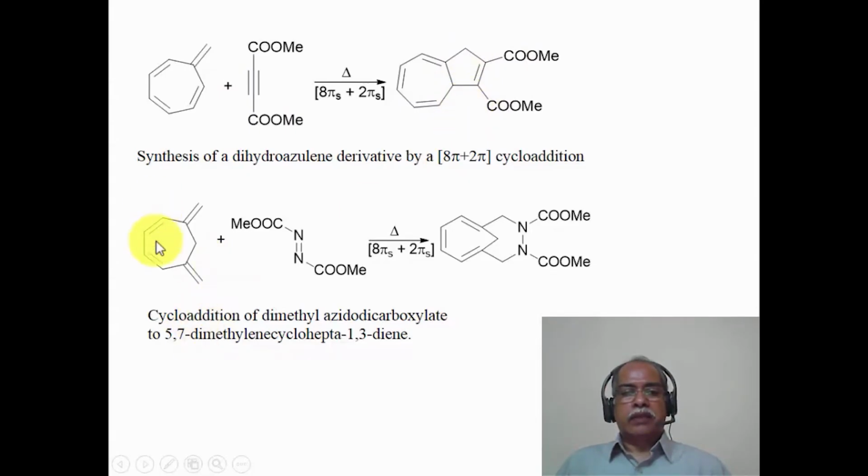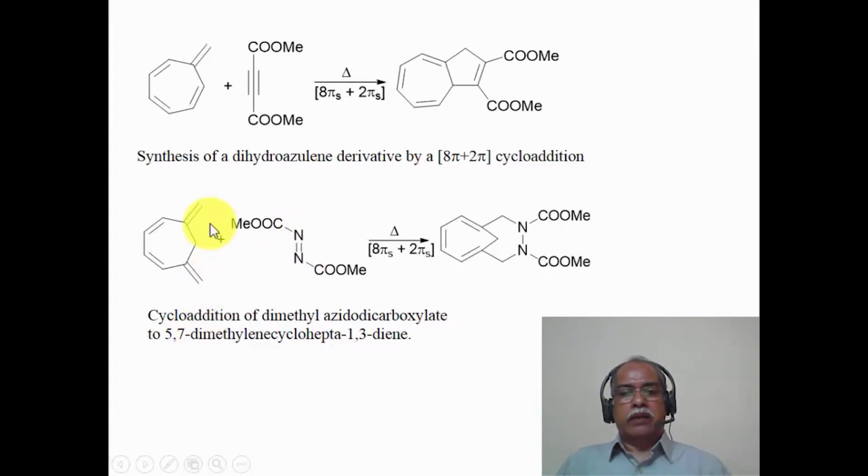In the case of this reaction here, this is also an example of an 8π+2π cycloaddition reaction involving a suprafacial overlap. Here dimethyl diazodicarboxylate is what is used as the cycloaddition partner.